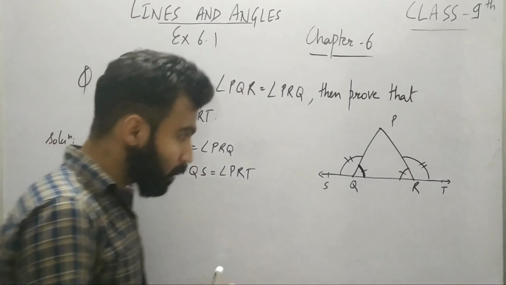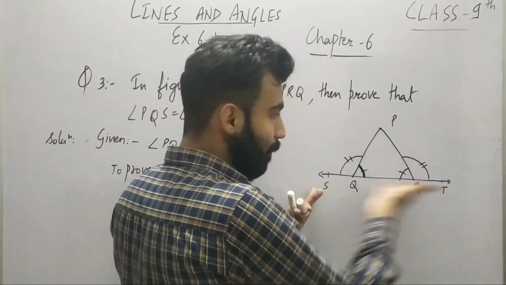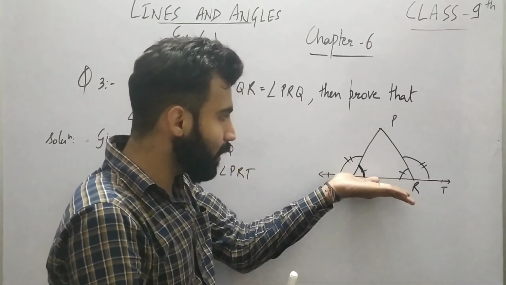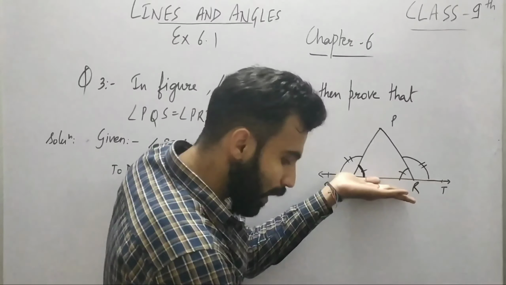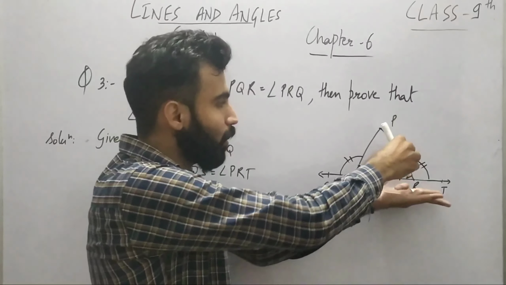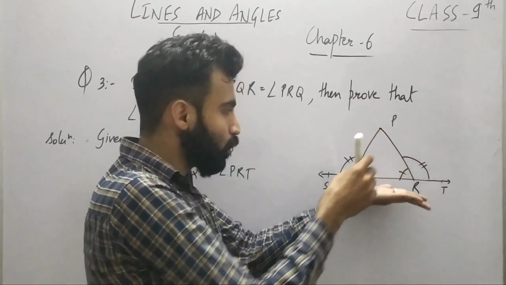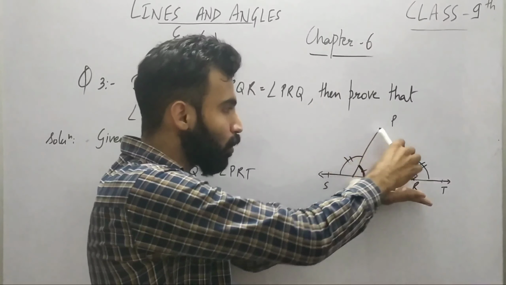So first step is, if you just observe this figure, then you will see that this ST is a straight line. Getting my point? So if ST is a straight line and there are two rays standing on it, one is QP and the other one is PR. So PQ and PR are actually two rays standing on this straight line.